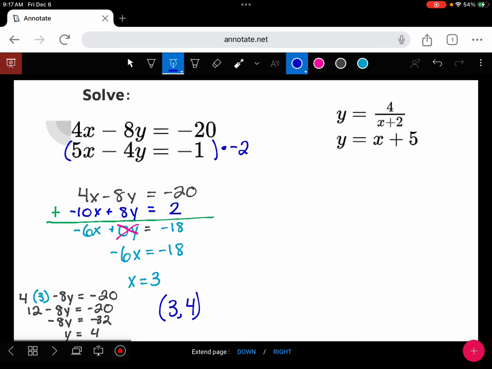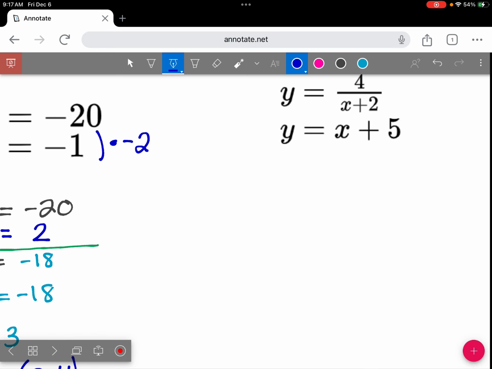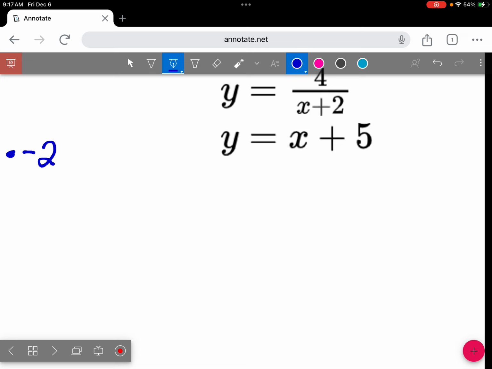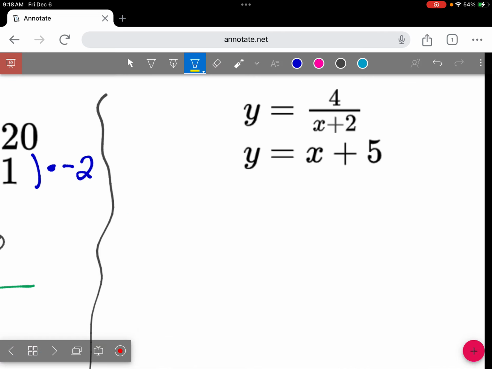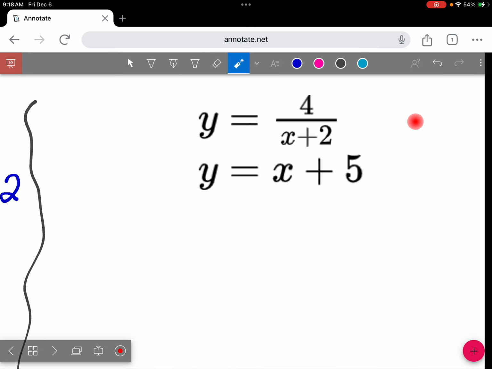All right. The one on the right looks kind of icky, but we can do this. That's our solution here. What do we do on this one?